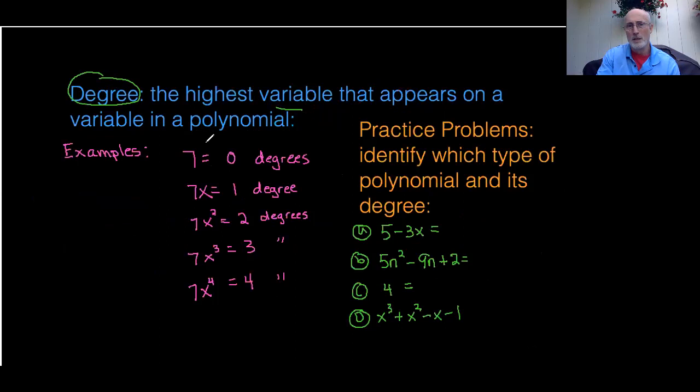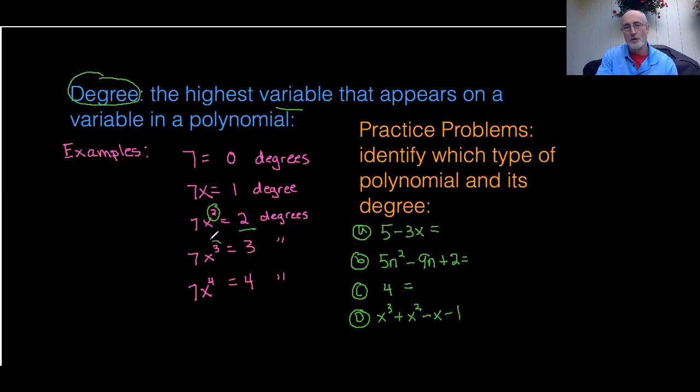So the number 7 doesn't have any variables, so it'd be considered 0 degrees. 7x, this is just x one time, so it would be 1 degree. 7x squared, the highest exponent is a 2, so that's 2 degrees.